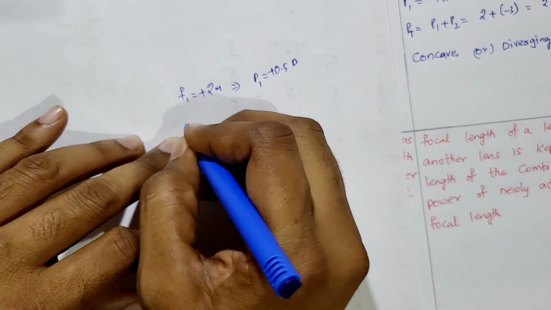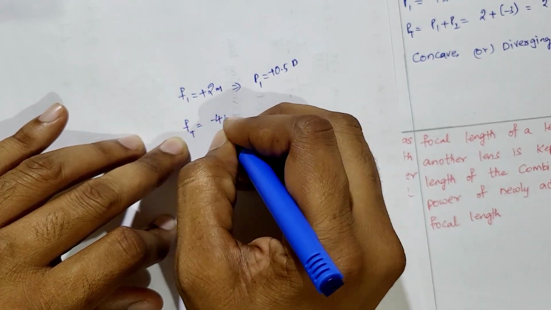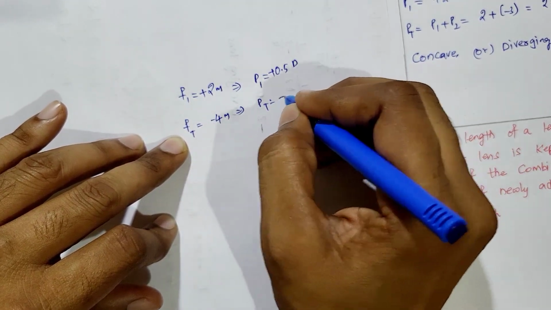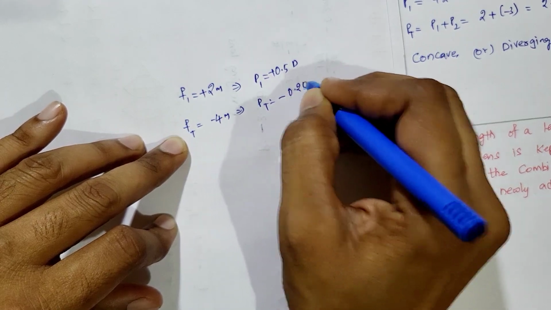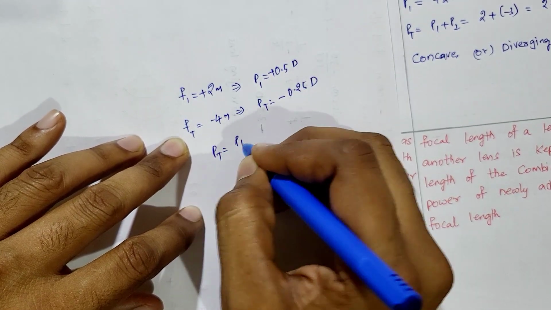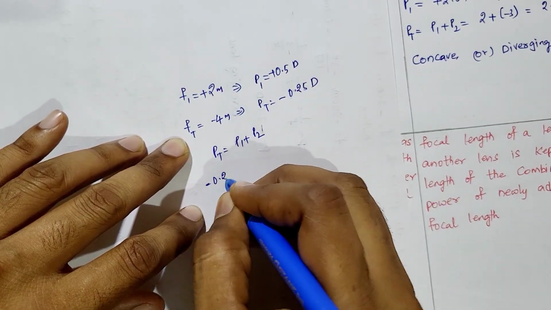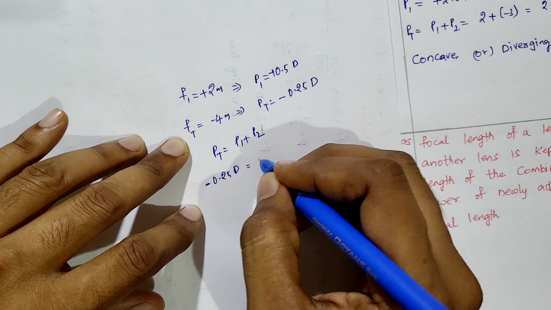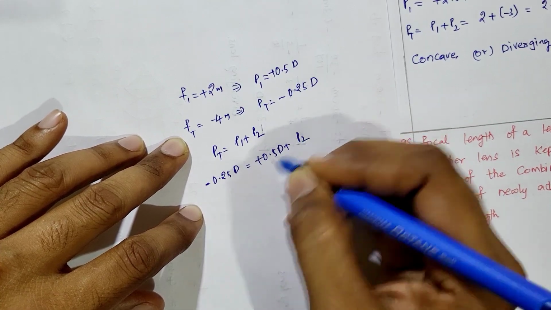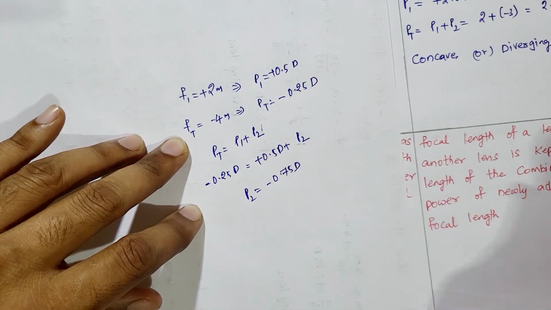Focal length of the combination, total combination, is minus 4 meters, which implies total power will be minus 0.25 diopter. So we know P total will be equal to P1 plus P2. P total is minus 0.25 diopter is equal to P1, which is plus 0.5 diopter, plus P2. So P2 is going to be minus 0.75 diopter.